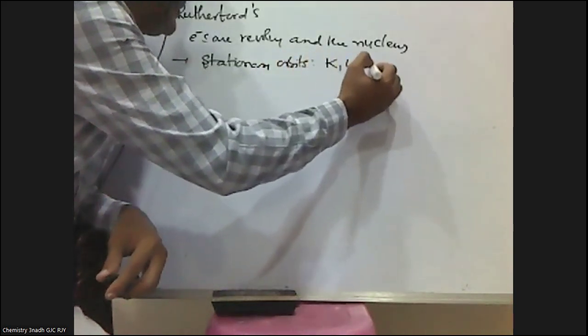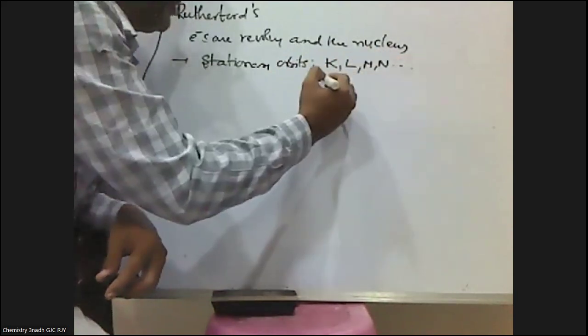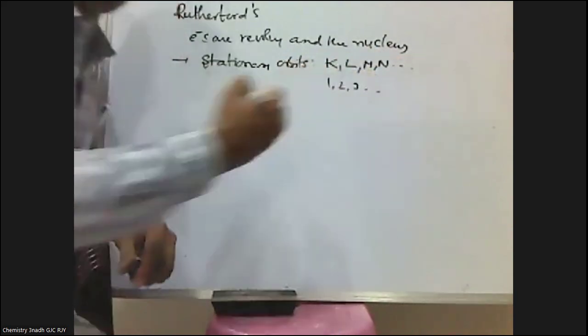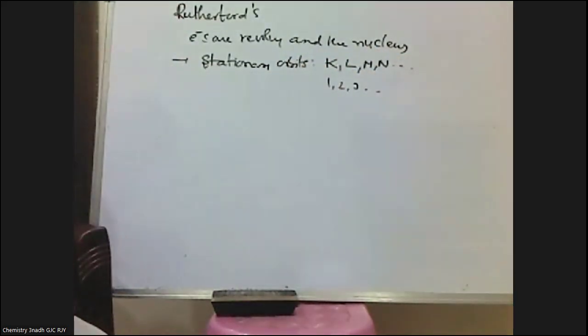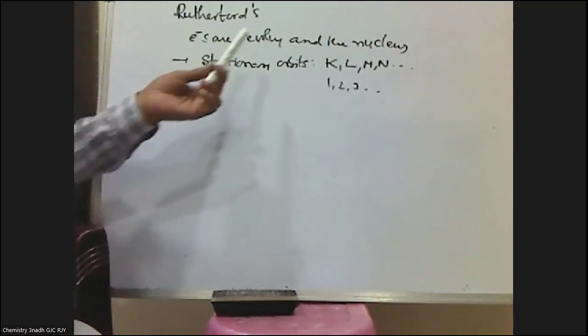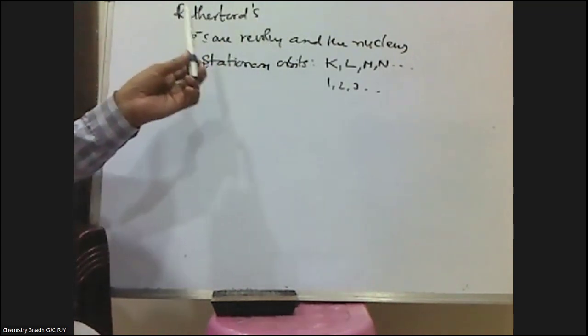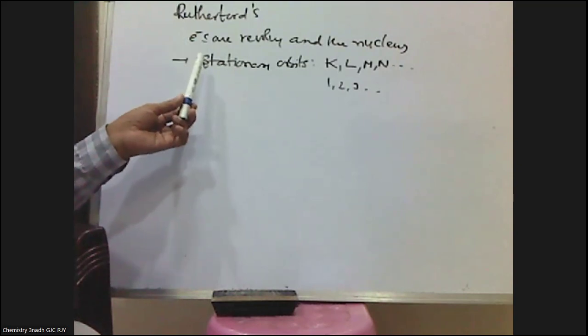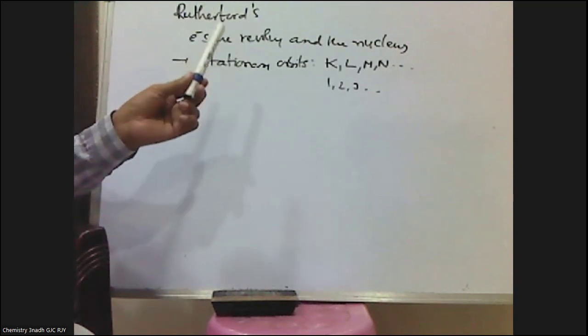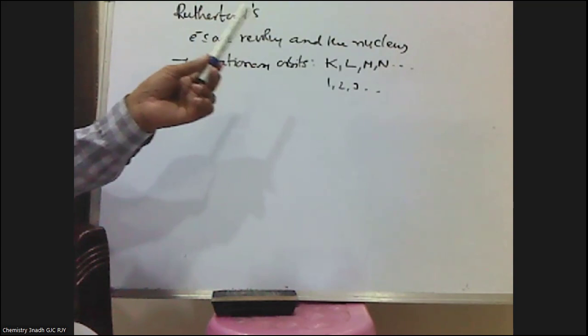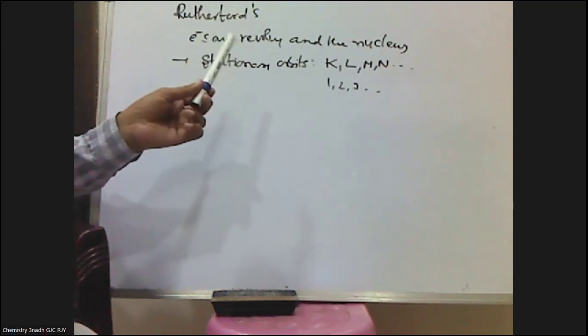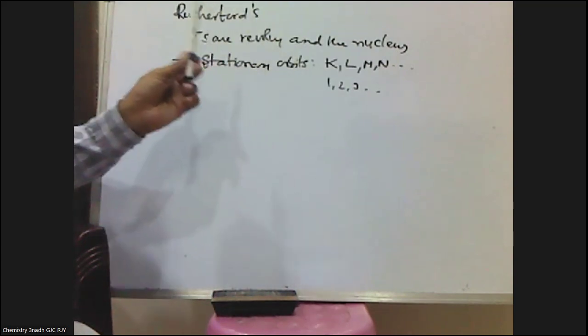They are designated as K, L, M and so on, or denoted by 1, 2, 3, 4 and so on. So the electrons are revolving around the nucleus in circular orbits. This is the first postulate. And the second one is, these orbits are called stationary orbits and are designated as K, L, M and so on, or denoted by 1, 2, 3, 4 and so on.